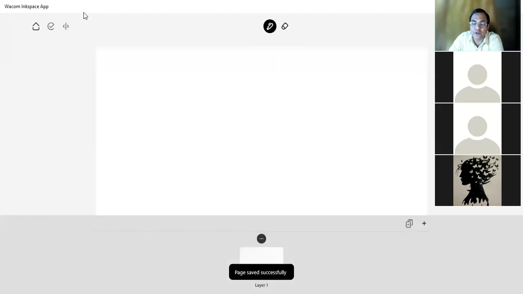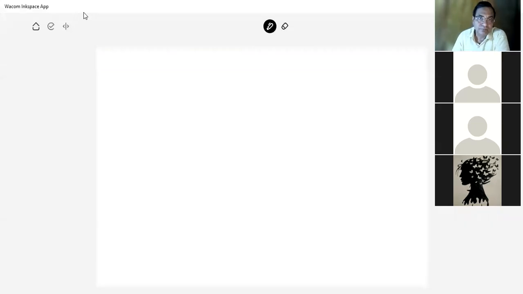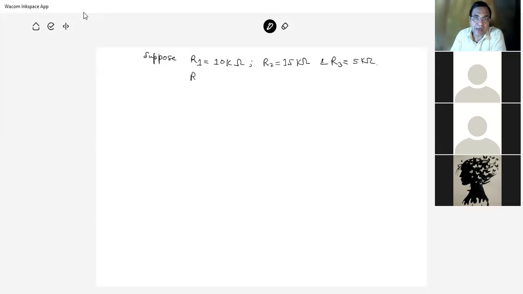अब इस वोल्टेज का जो मान होगा, सपोज R1 is equal to 10 kilo ohm, R2 is equal to 15 kilo ohm, and R3 is equal to 5 kilo ohm. ये तीन रेजिस्टेंस है. तो R टोटल क्या होगा?